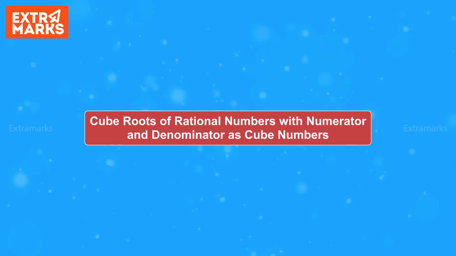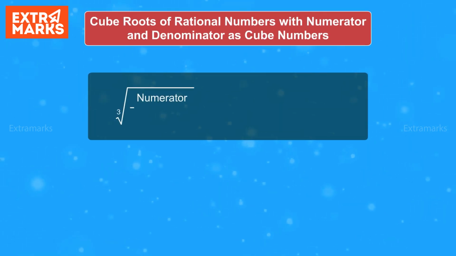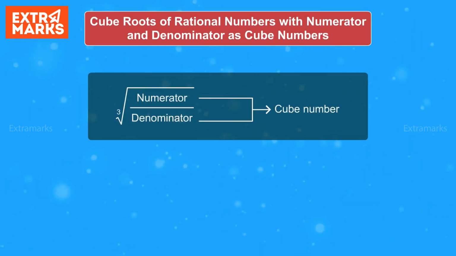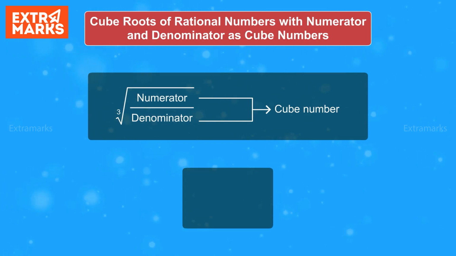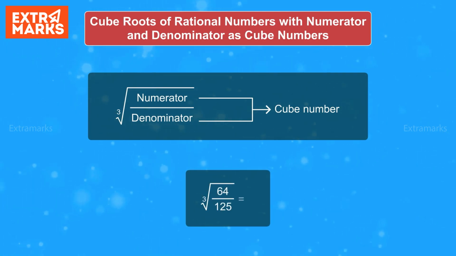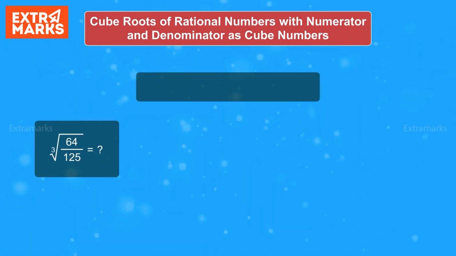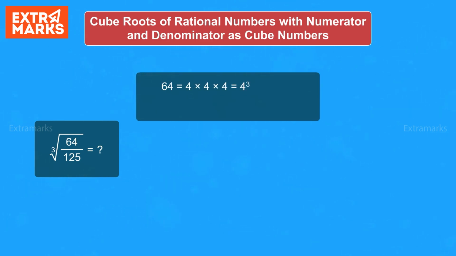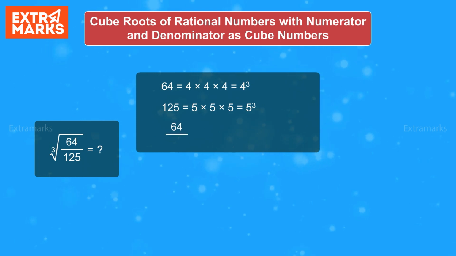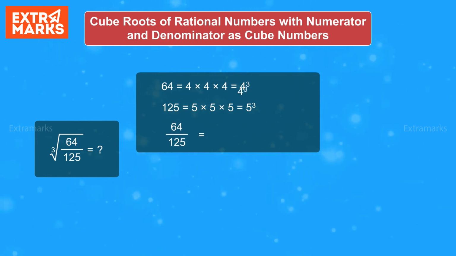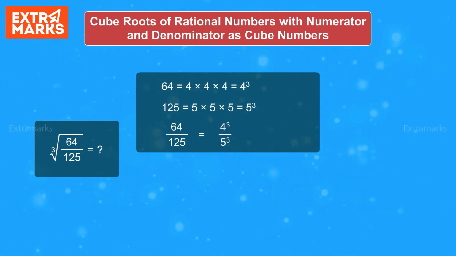Now, we will find the cube root of a rational number whose numerator and denominator are cube numbers. Suppose we have to find the cube root of 64 upon 125. Since 64 is the cube of 4 and 125 is the cube of 5, 64 upon 125 is equal to 4 cubed upon 5 cubed.